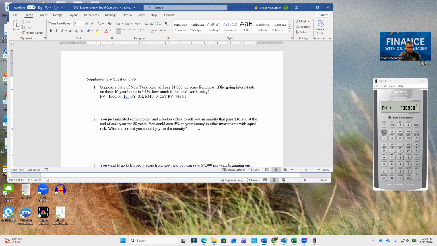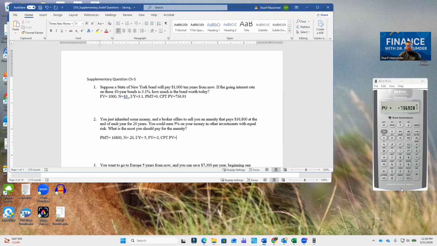First, payment equals 16,800, N is 20, I over Y equals 5. There is no future value, 0. Compute present value.